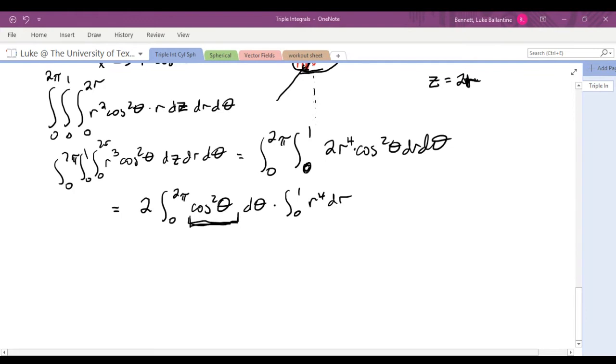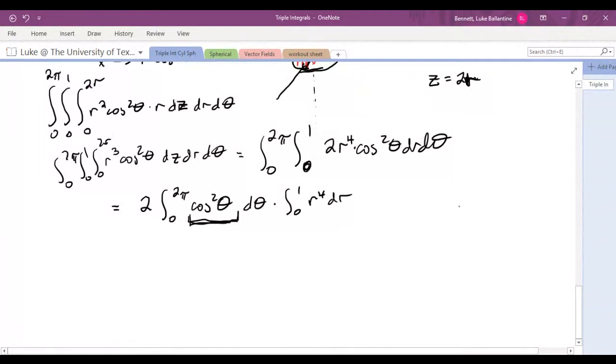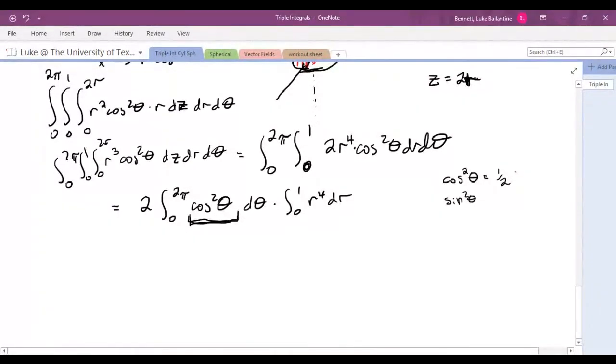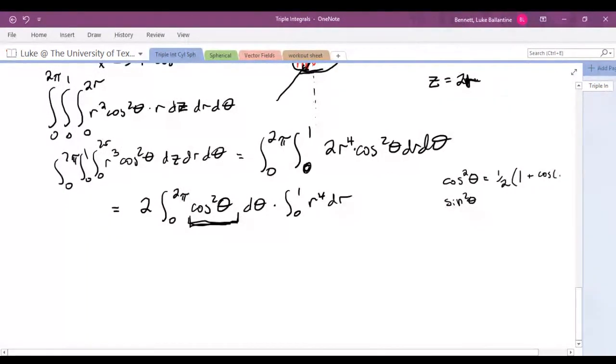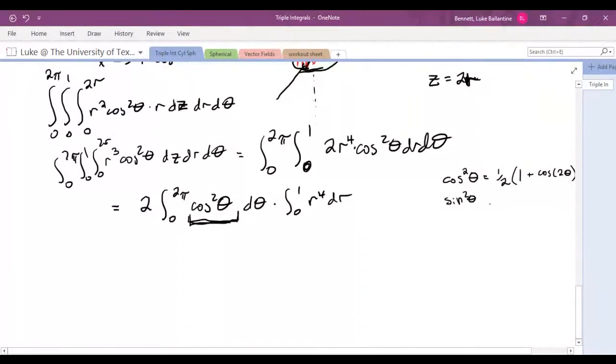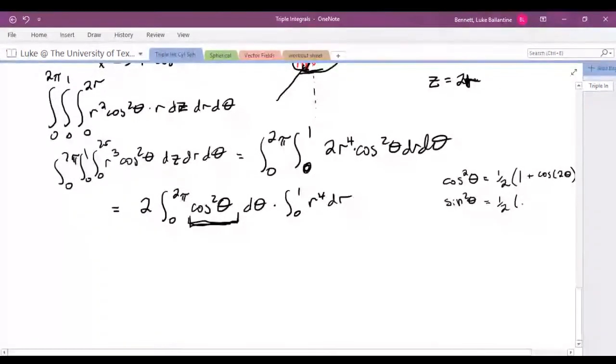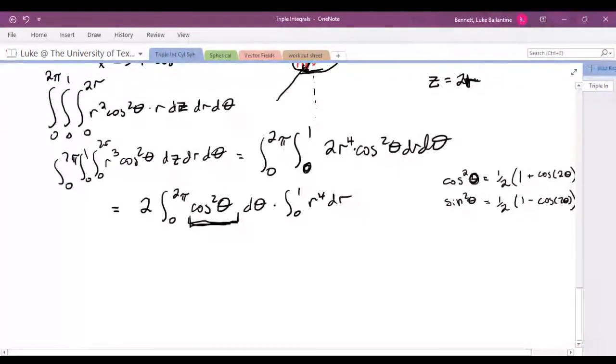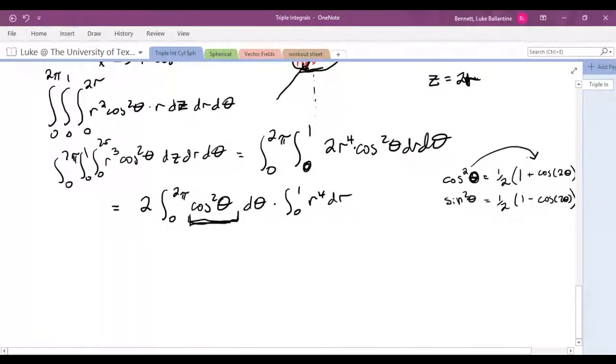We have the power reducing formulas. This is going to be 1/2 times 1 plus cosine of 2 theta. The angle gets doubled, so whatever the angle is gets doubled after you put it through this formula: 2 theta.